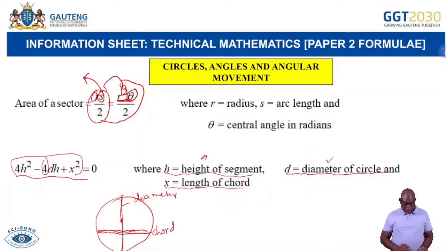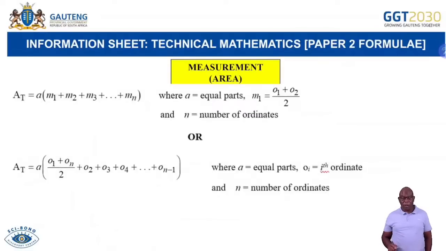But this part here and this part here will be the height of the segment. That part here will also be the height of the segment. So we can have that diameter divided into 2 parts, where we have that height and the other height. You must also learn that. When you do the questions, you must also check this. Right.